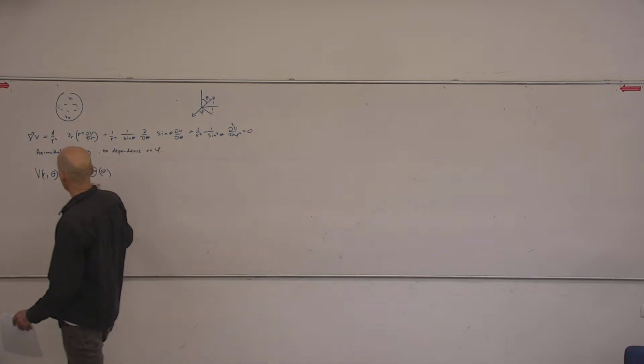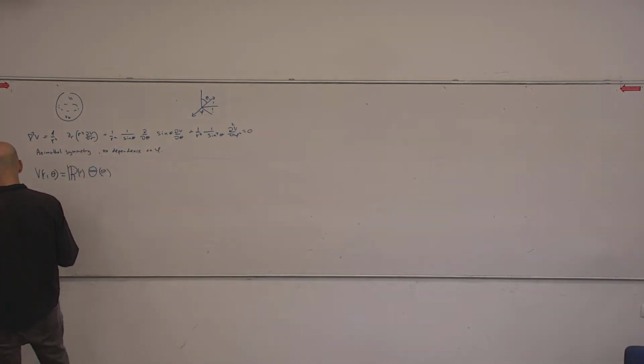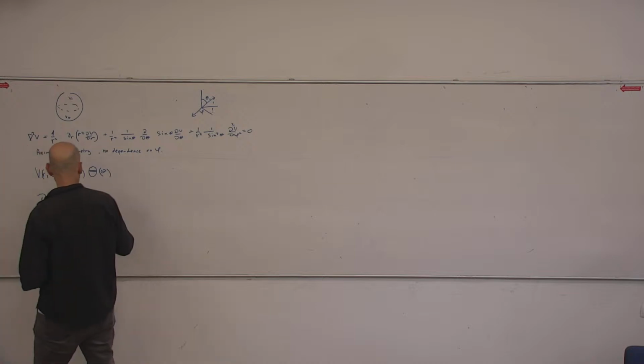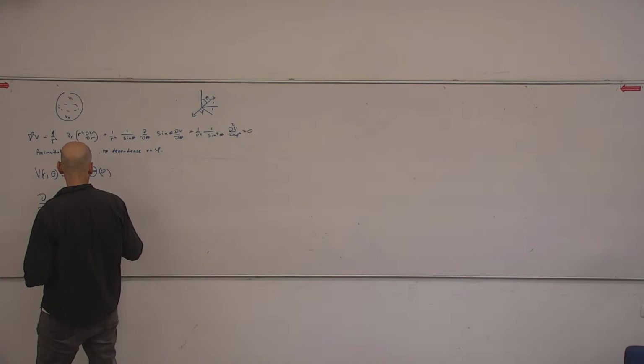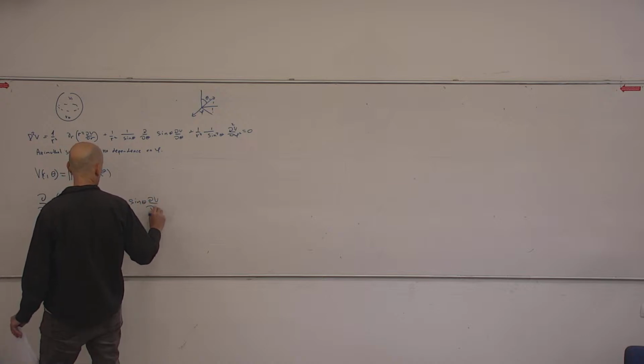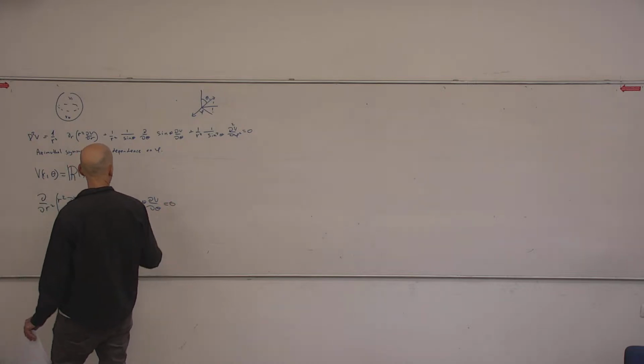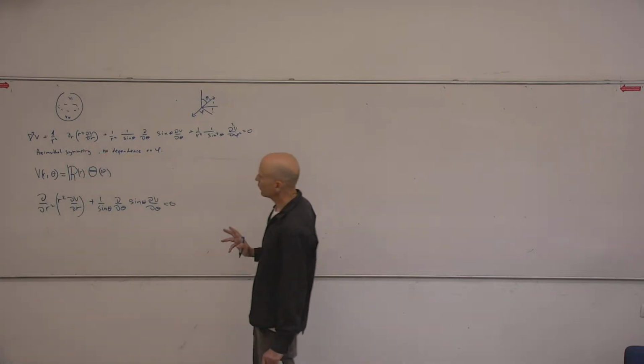So then when you put it in, this is again a reminder, I get the following: d/dr of r squared dV/dr, plus 1 over sine theta d/d theta of sine theta dV/d theta. This is equal to 0.